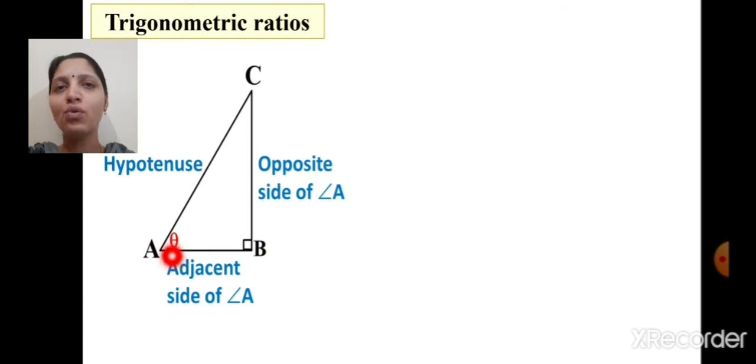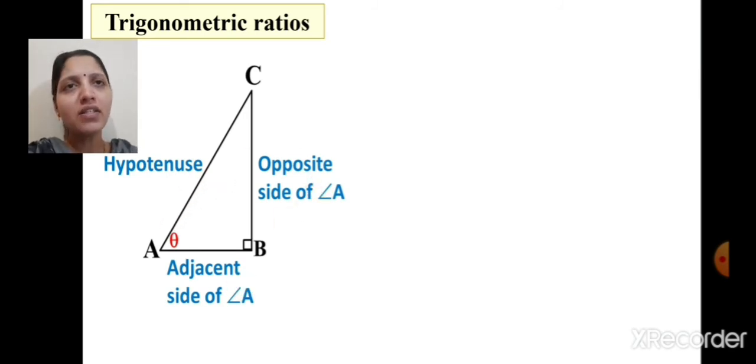Then the adjacent side of angle A will be side AB, and opposite side is side BC, and side AC is the hypotenuse. So first these things you have to learn.